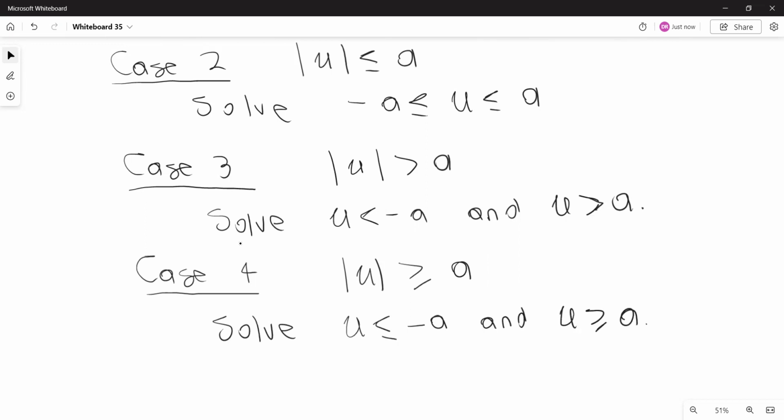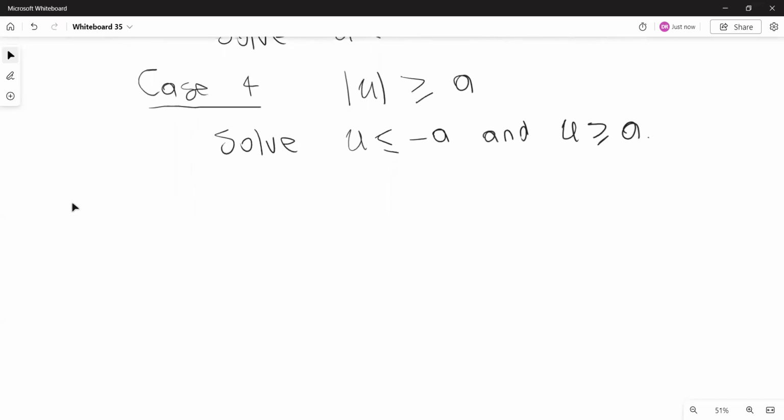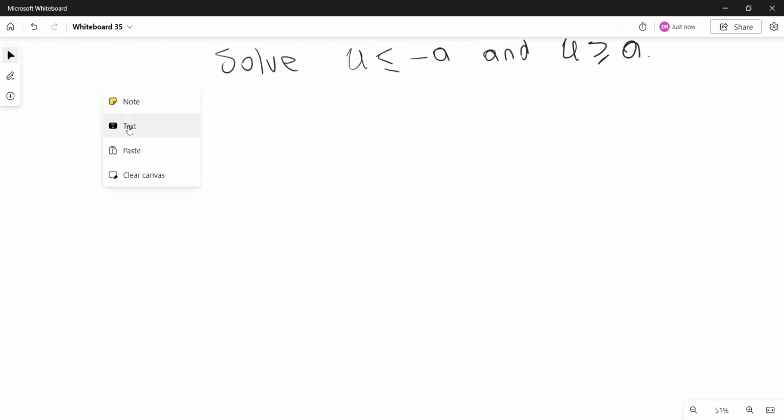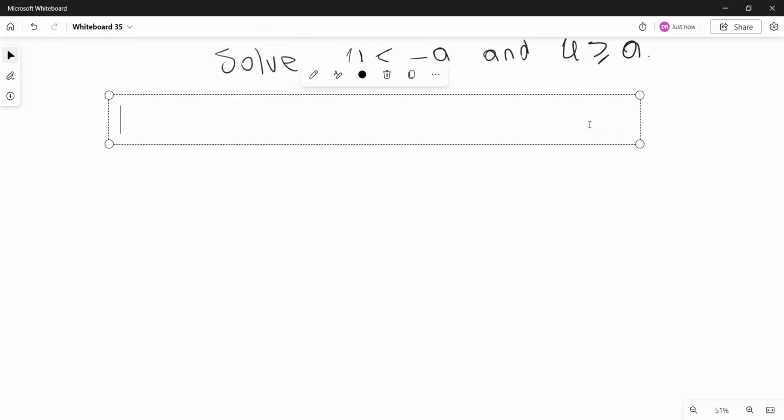So I'm going to do examples of each case. We're going to solve each inequality.